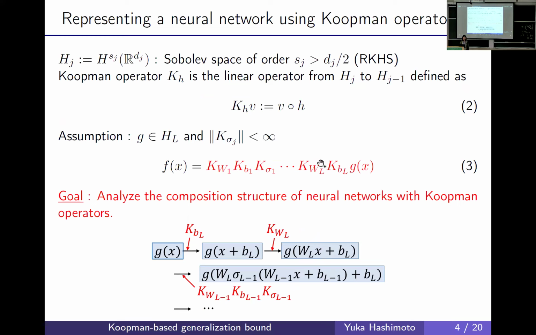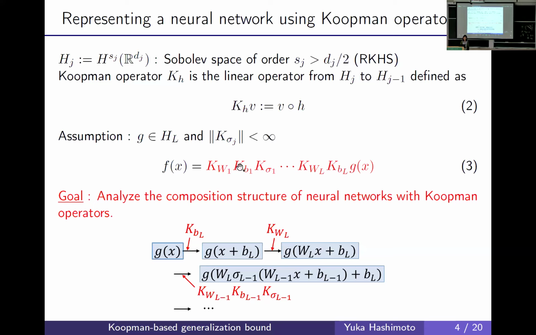We first have a nonlinear transformation g here, and then we apply the Koopman operator for the final layer. Then we continue, and finally we consider the action of the Koopman operator with respect to the first layer. Then we get the whole neural network.